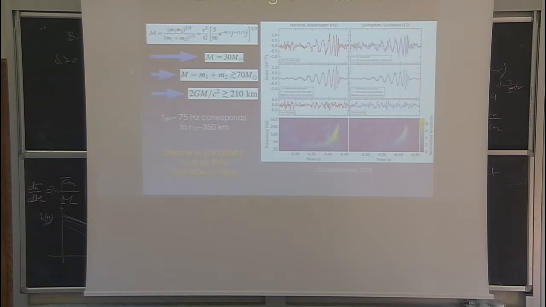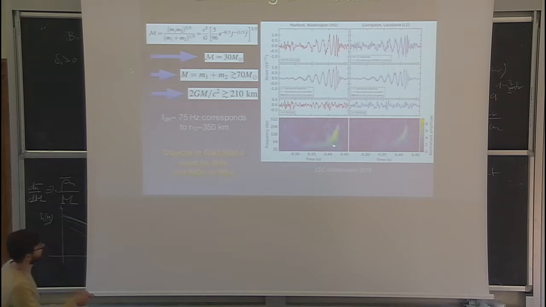But still, you would expect that if these two objects are black holes, they should plunge and merge when their separation becomes comparable to the radius of their event horizon. So at around a few hundred kilometers, in particular at about 200 kilometers, you should be able to see the merger.